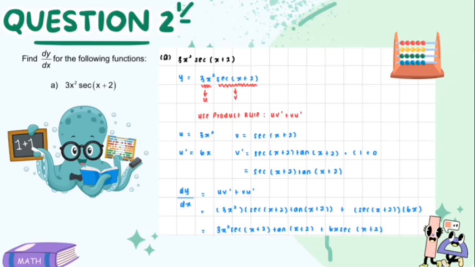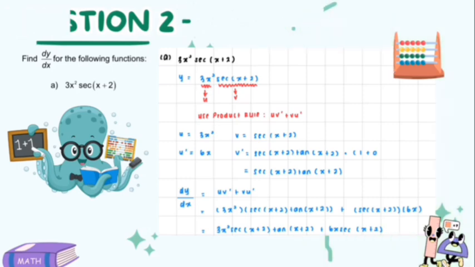Then, we must expand all the values in the bracket to get the final answer. So, the final answer of dy over dx is equal to 3x squared times secant of (x plus 2) times tangent of (x plus 2) plus 6x times secant of (x plus 2).